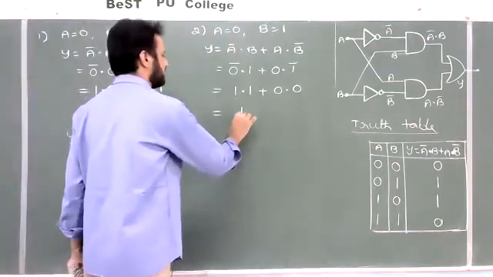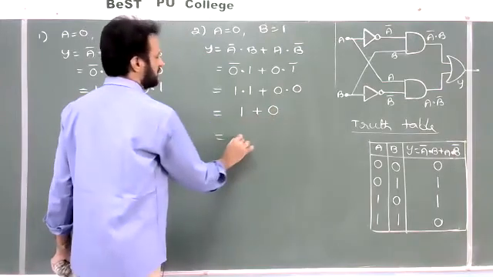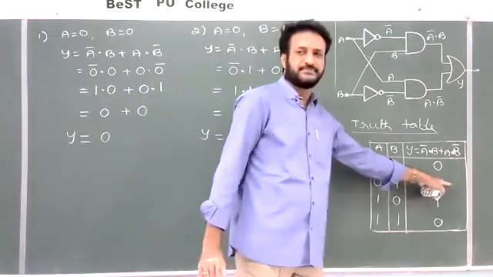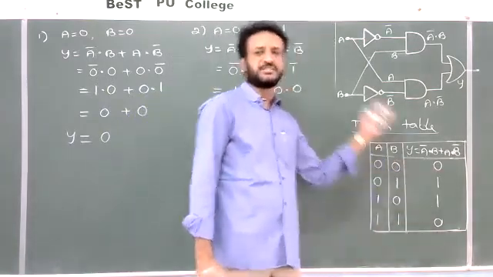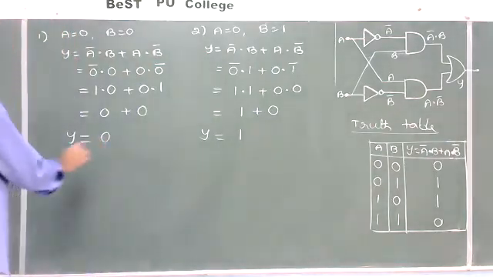So 1 plus 0 into 0, which is 0. 1 plus 0 equals 1. So this is the second. In the same way, we can check the remaining ones, and the third and fourth will also follow the same process.